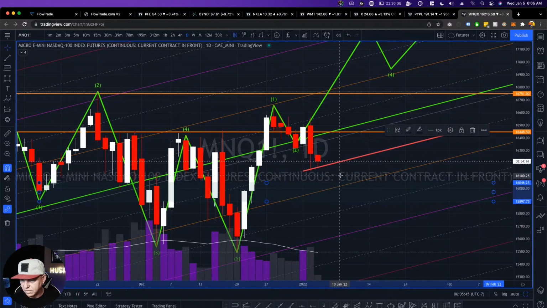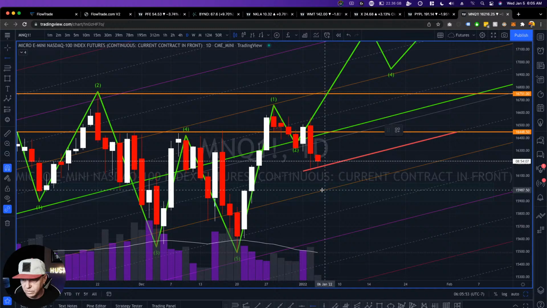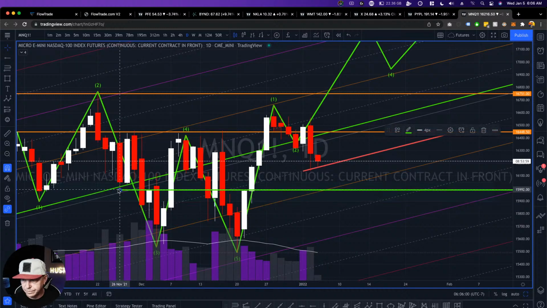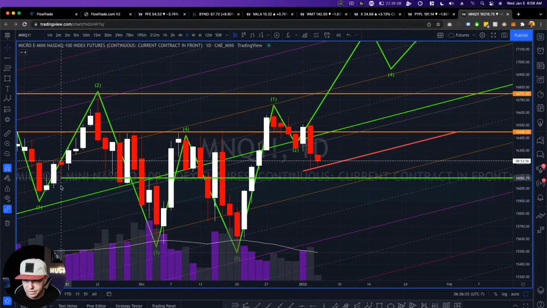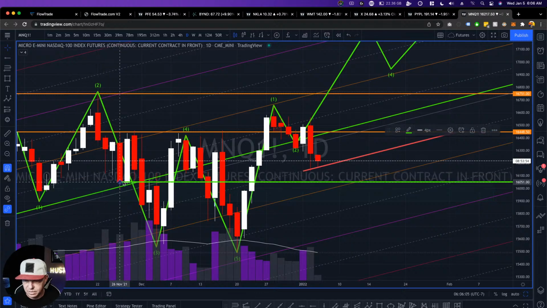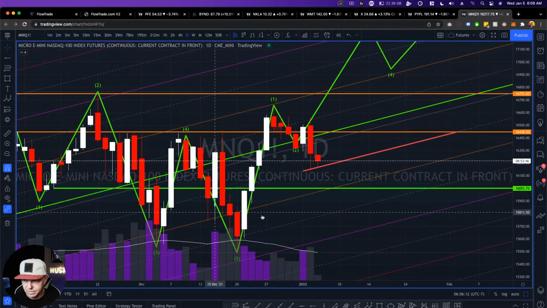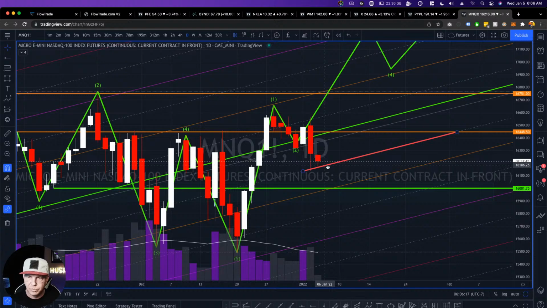So it's 16,100, 16,000 downside target, a psychological level, and we've hit it before. So if we break trendline support on the NQ, we have a 16,000 downside target.